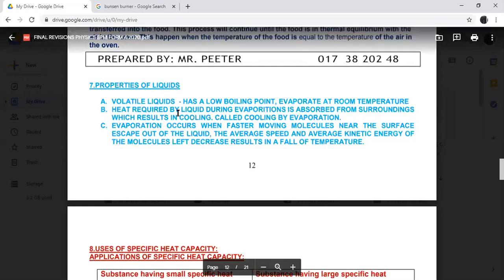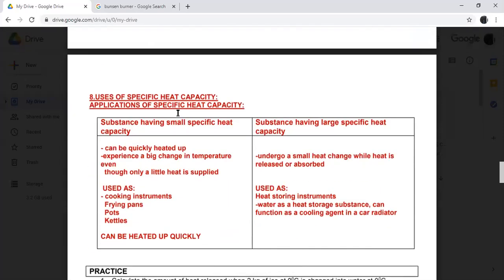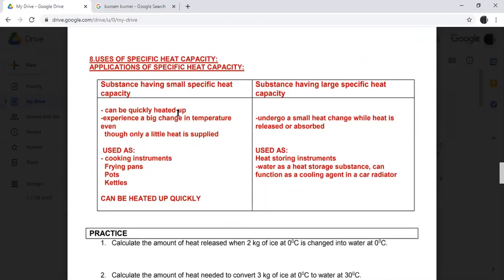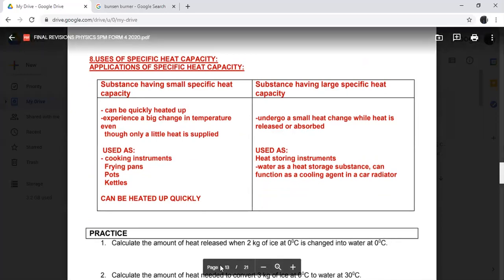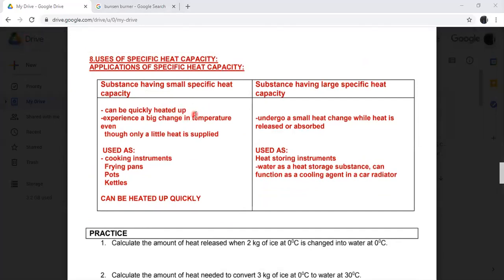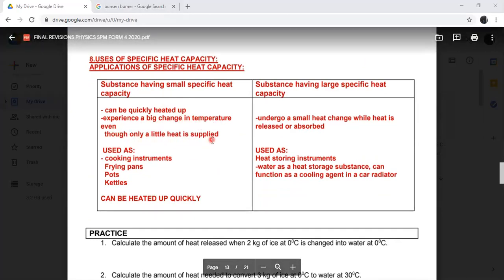Okay, please go through this. Next, which we learned earlier, uses of specific heat capacity. Any substance that has a small specific heat capacity can be quickly heated up and experience a big change in temperature even though only a little heat is supplied.